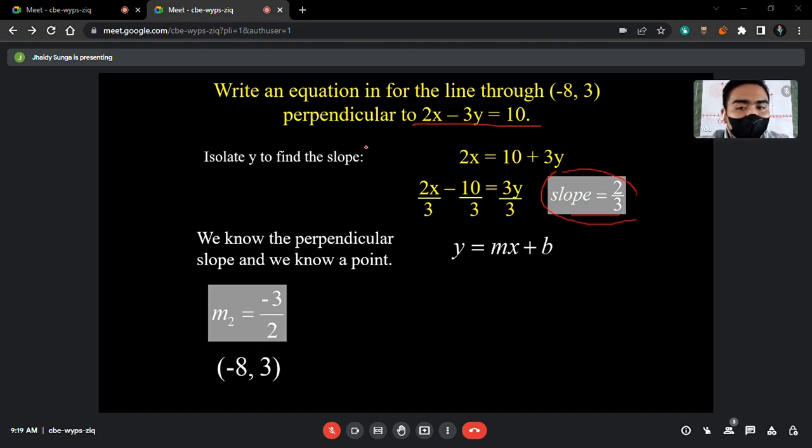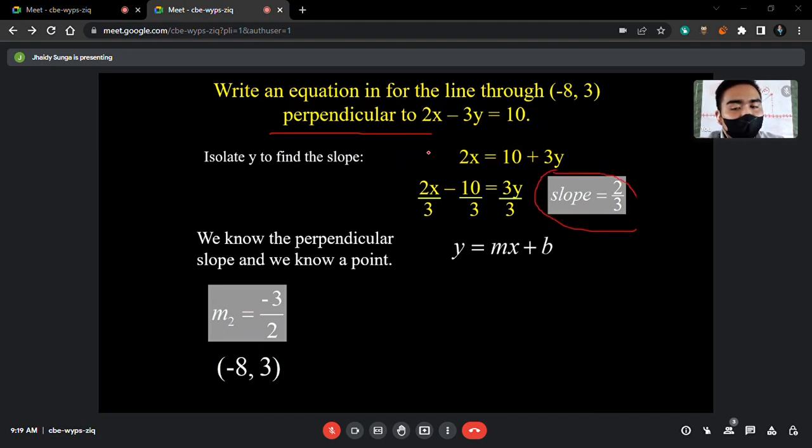Yes, you have your equation. But what you are going to do is not use this slope in finding your equation, but you are going to find the perpendicular equation of this slope.